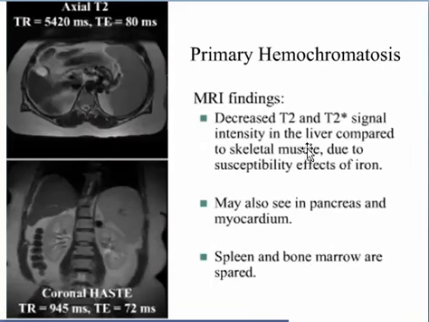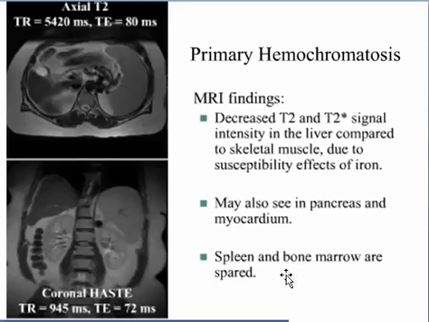Primary hemochromatosis, T2 and T2 star in the liver compared. This is T2 and T2 star, or the HASTE. Compared to the muscles, it is low. Decreased cellular intensity due to iron, and this may, in the primary type, affect pancreas and myocardium.